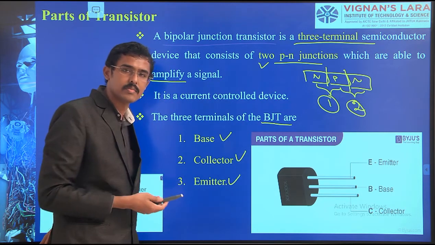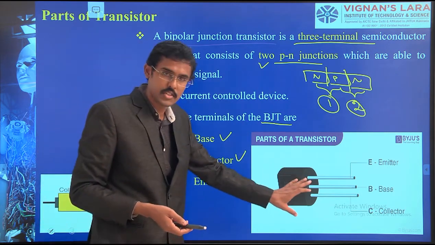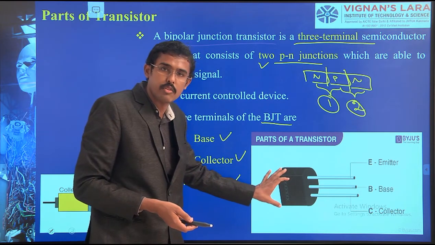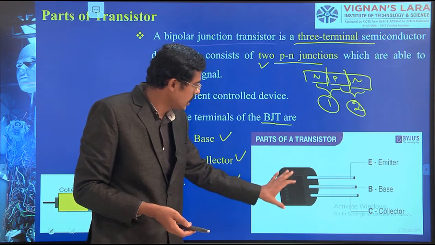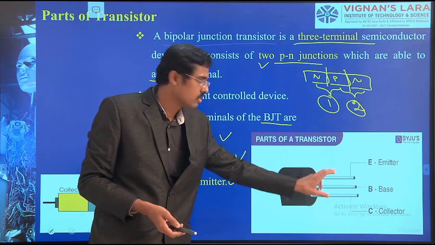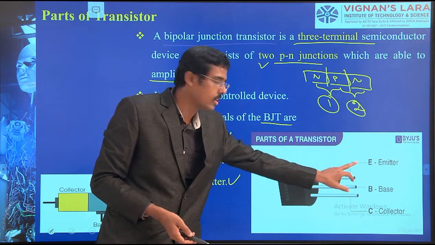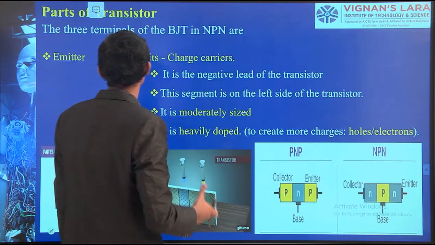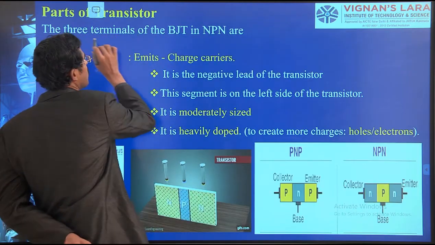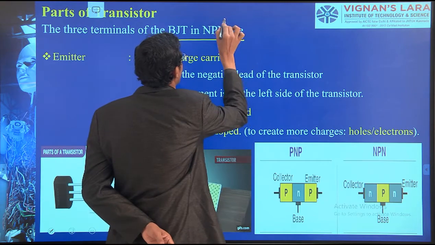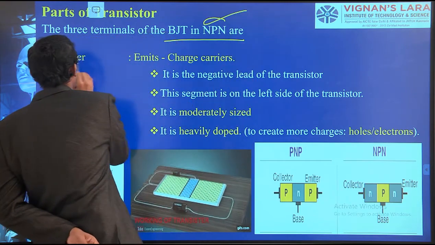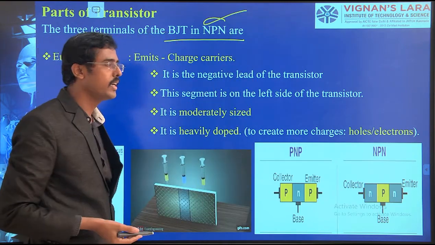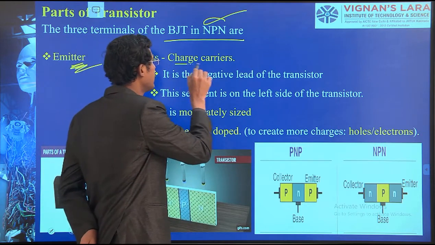What happens? We can assume this is the image of a BJT device which has three connectors, where I am calling one the emitter, one the base at the center, and one the collector. You see the three terminals of the BJT, in the NPN junction I have taken. The first one is the emitter. What does it do? The emitter is a charge carrier.